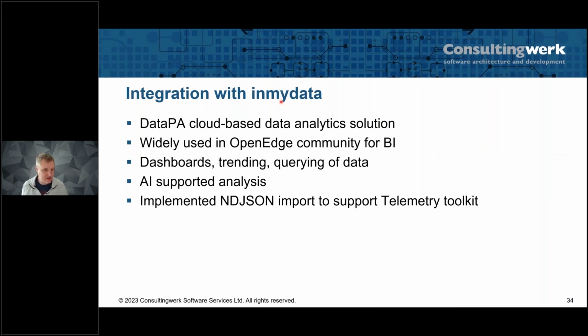We also have some integration with In My Data, who you may know as previously known as Data PA. They're a cloud-based data analytics tool, and they've implemented support to import the output of the telemetry toolkit.